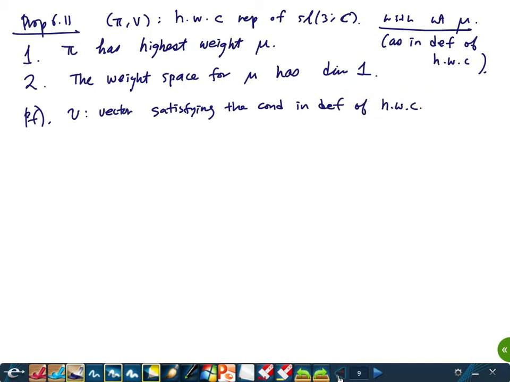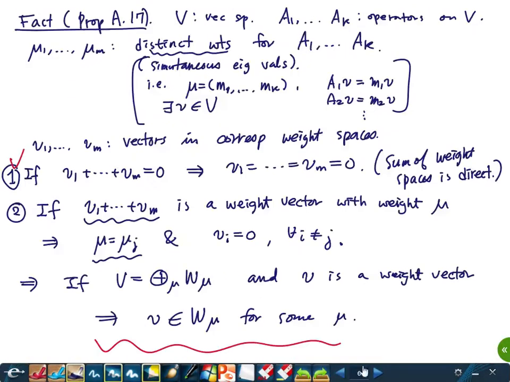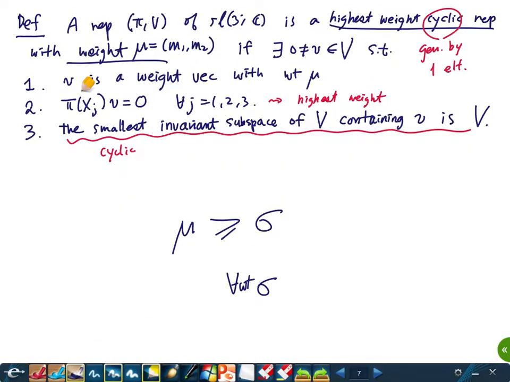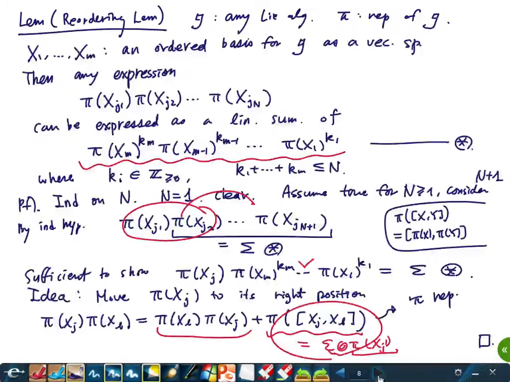Let's go back to the definition. So this vector V: there exists a vector V such that this is a weight vector with weight mu, and if you apply x to it, it's going to be 0, and the smallest invariant space containing V is the whole space. So we assume that.